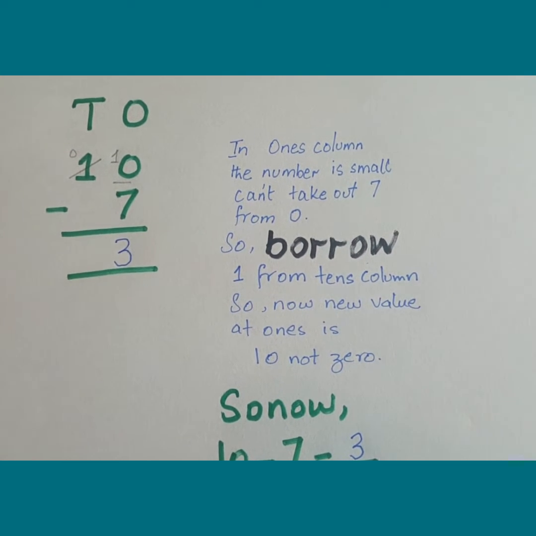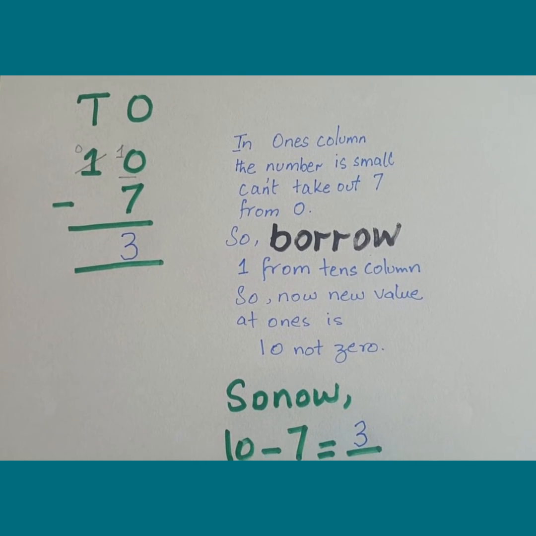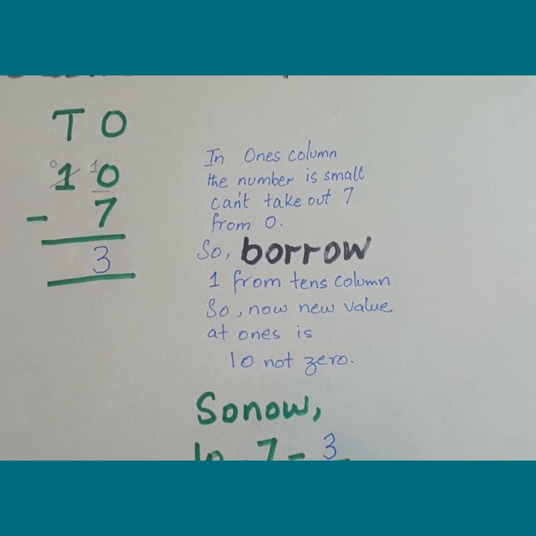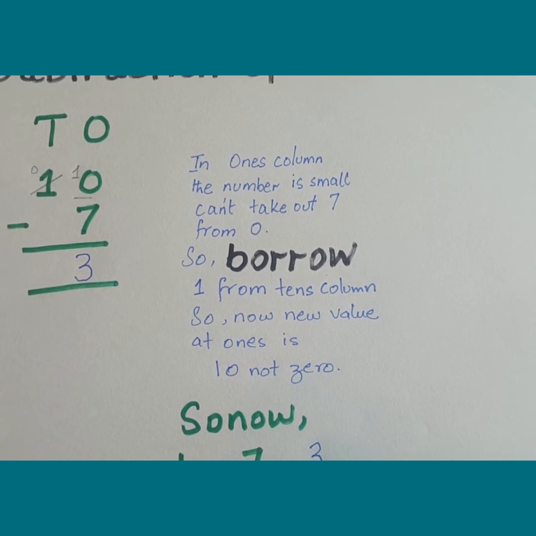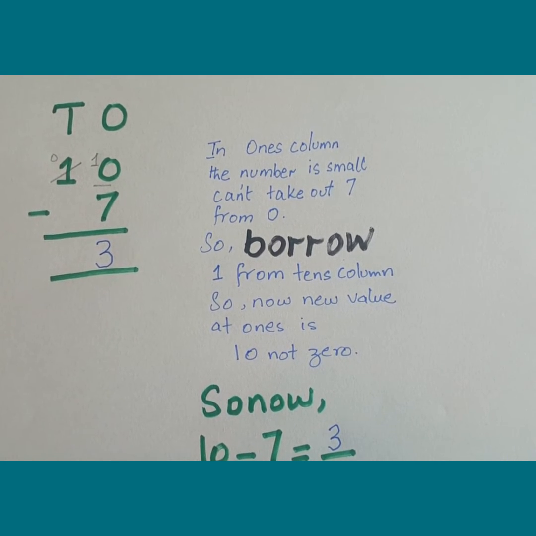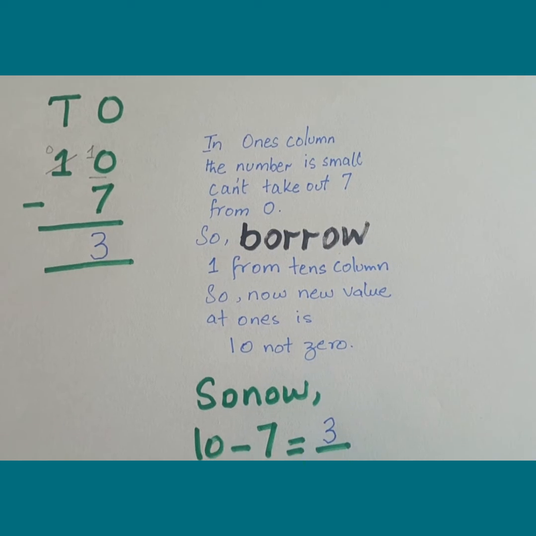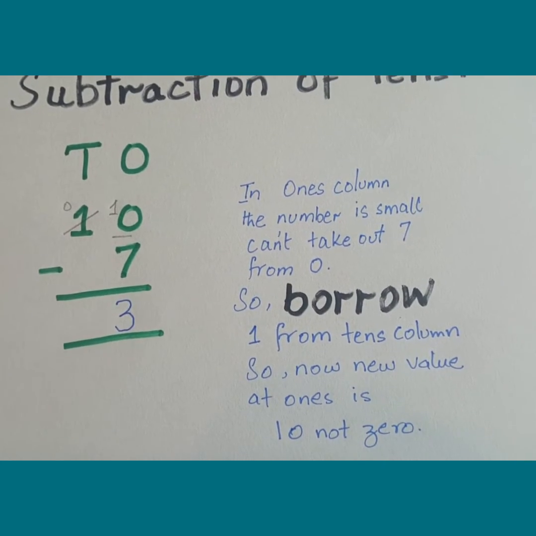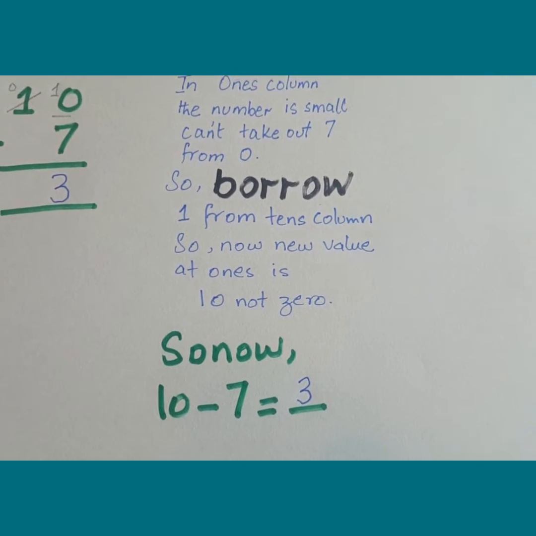And now in the tens column we have no value left, so there will be 0. When we have borrowed 1 from the tens column, the value 0 will become 10, not 1. So the answer of 10 minus 7 is 3, whether it is written like this or like this.